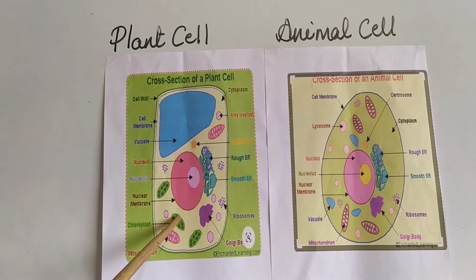Chloroplast is nothing but a plastid, which helps the plant to prepare food during photosynthesis, where the pigment present in the chloroplast, that is chlorophyll, absorbs the sun's rays and prepares the food in the process of photosynthesis. Here we have only represented 2 or 3, but there are numerous chloroplasts or other organelles present in the cell. So these are chloroplasts.